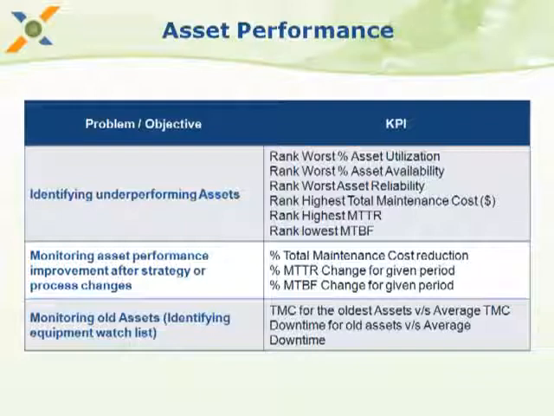We can identify the total maintenance cost and the average total maintenance cost for a particular class of equipment, then compare and see whether the old assets are having any extraordinary cost or not. So some of these KPIs can really help us monitor the performance of certain assets.